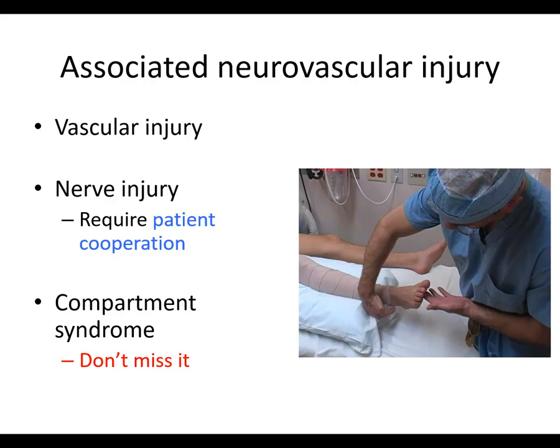So if you have an intubated patient or a patient who's unable to communicate for whatever reason, maybe they're comatose, you may not be able to get a good nerve assessment. And compartment syndrome, I'm going to go over shortly, and this is something you absolutely don't want to miss.